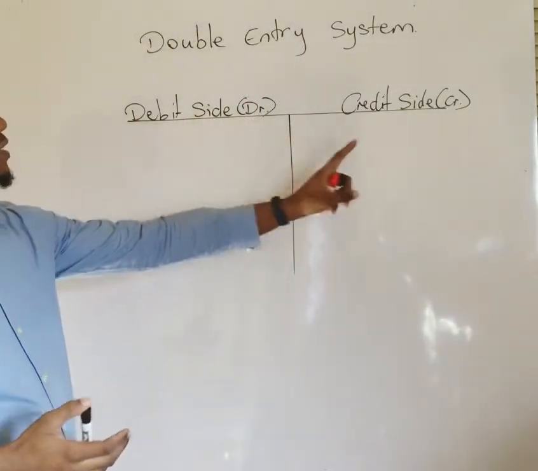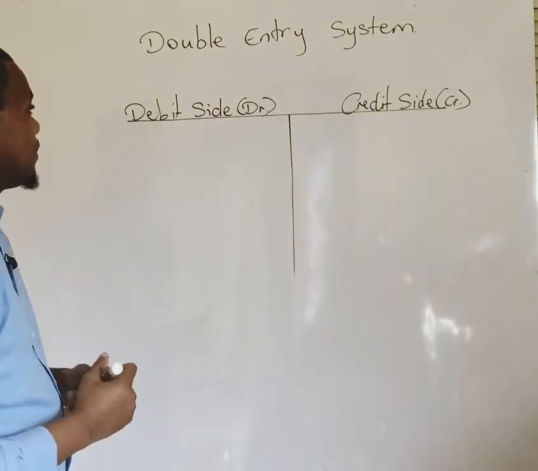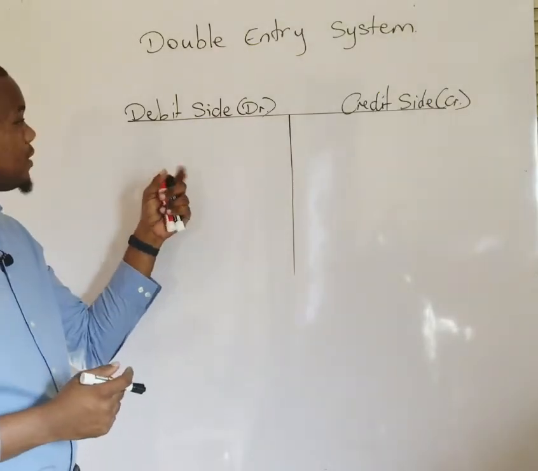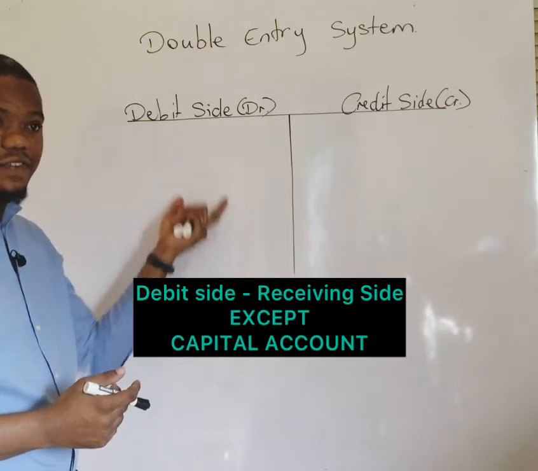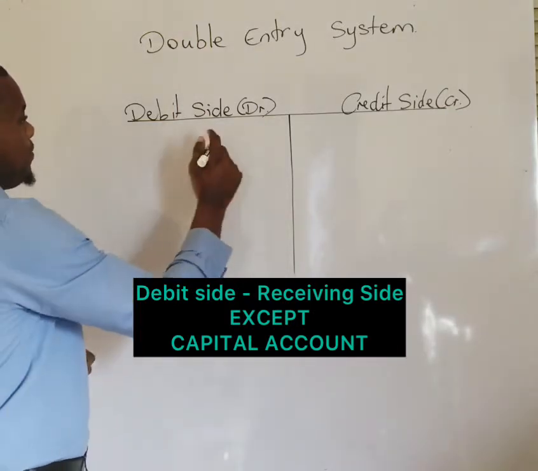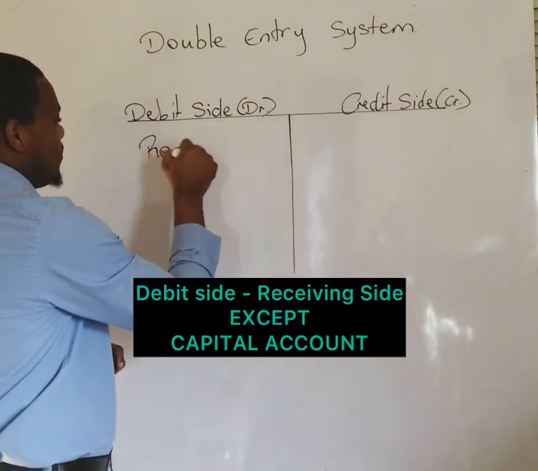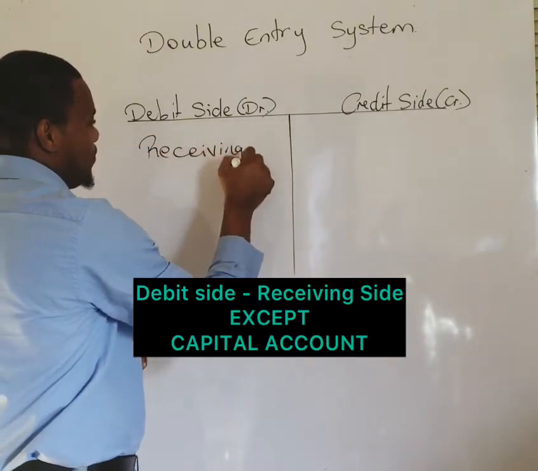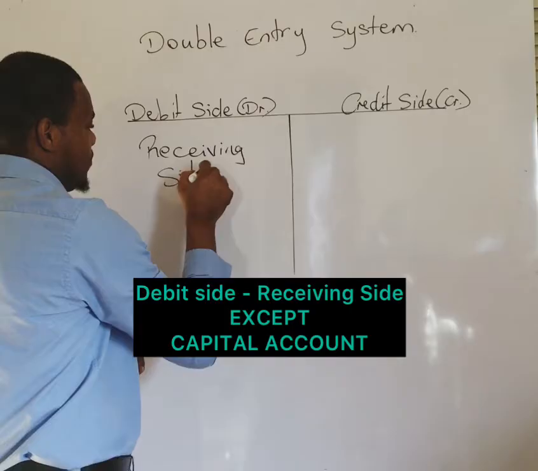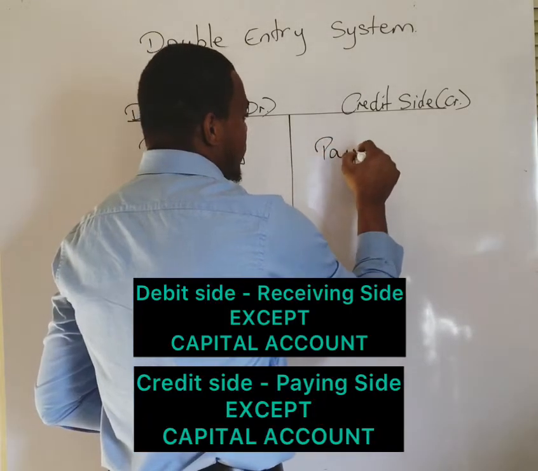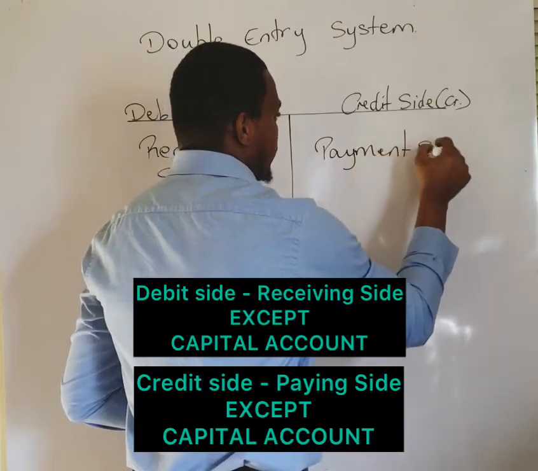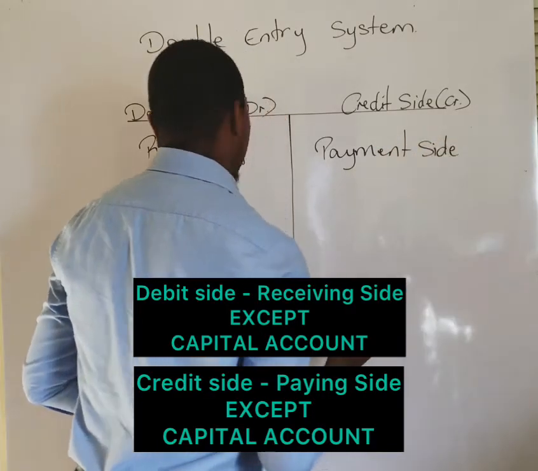This is the debit side, this is the credit side. The general rule is that the debit side is called the receiving side, and the credit side is called the payment side or the paying side, whichever word you want to use.